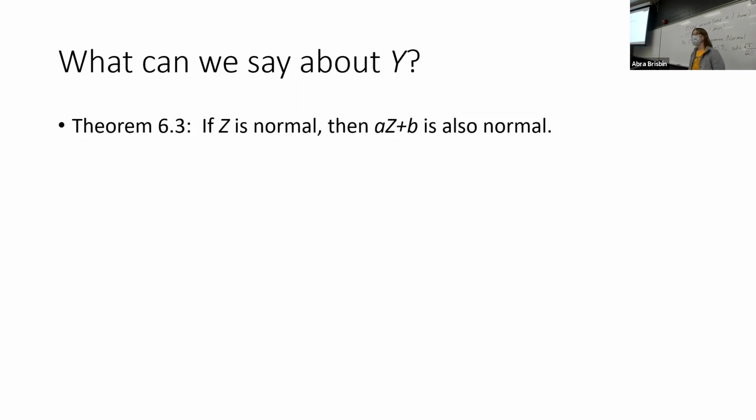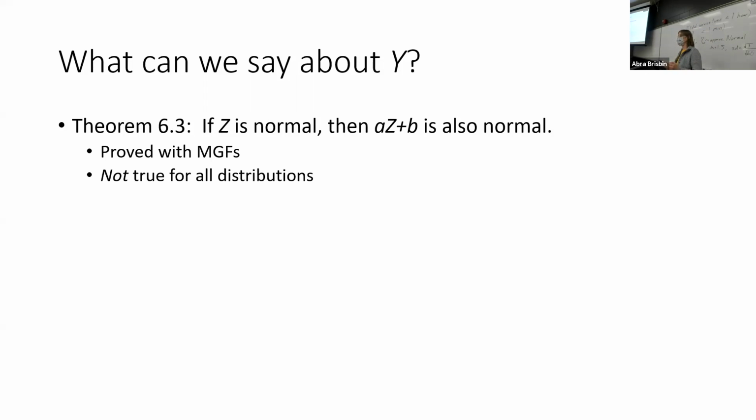Well, back in Math 346, we had theorem 6.3 that told us that if z is a normal random variable, and a and b are constants, then a times z plus b is also normal. And we proved that with moment generating functions. Remember that that's not true for all distributions. It works specifically for the normal distribution.